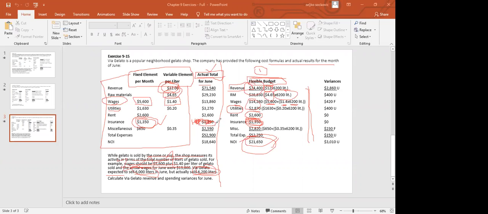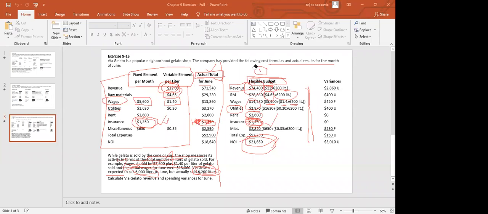You will see this in the examples in the main slides. You might ask, well, it says it's fixed, how is it possible to change? Well, we know that fixed items can change too. They are not changing because of activity, but they just change. The bottom line is you would use the planning budget amount in your flexible budget.